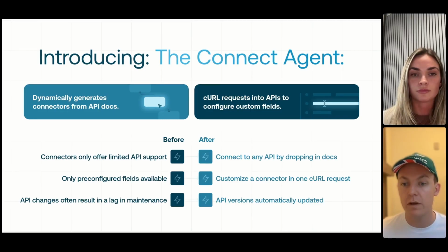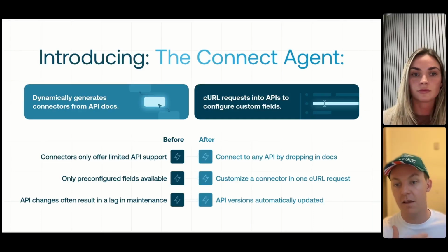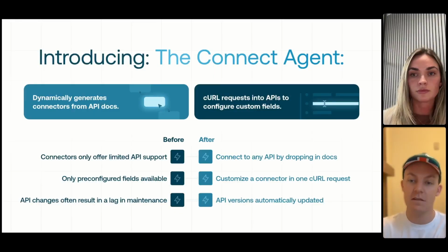The second business benefit really comes in our ability to handle custom endpoints that are quite common in ERPs. So previously, a pre-built connector only offered the fields that it was aware NetSuite had. Now, when we curl request up into the customer's environment, we have an understanding of not just the core endpoints, but also any custom endpoints, any custom objects.